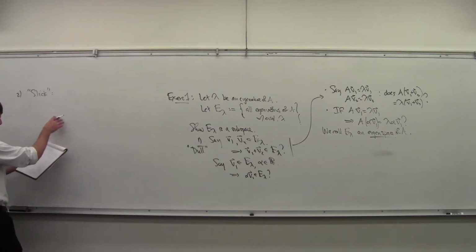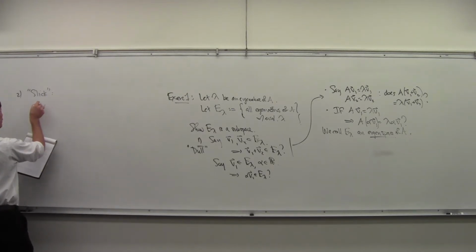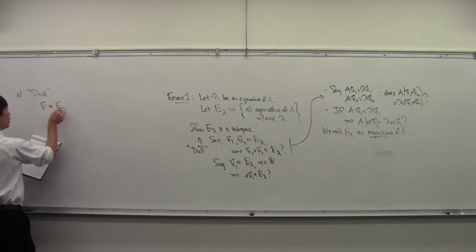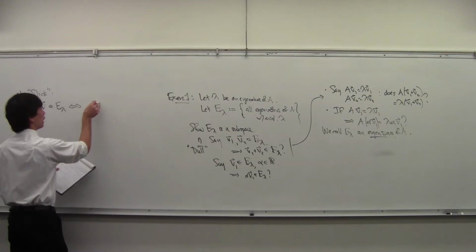Okay, so here's the slick proof. If you have an eigenvector, well, what does that mean? That means that Av equals lambda v.